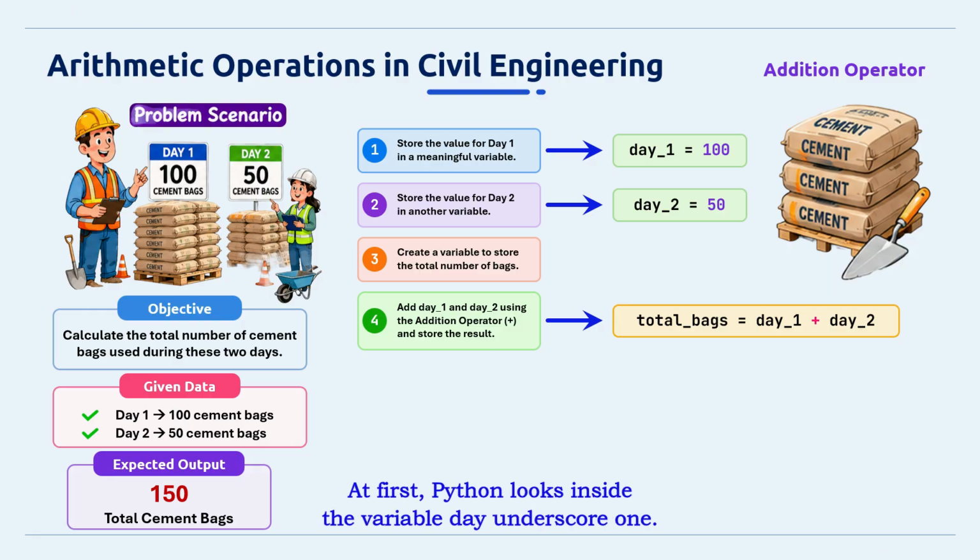At first, Python looks inside the variable day_1. It finds the value 100. Next, Python looks inside the variable day_2 and finds the value 50. Then Python applies the addition operator to these 2 values.